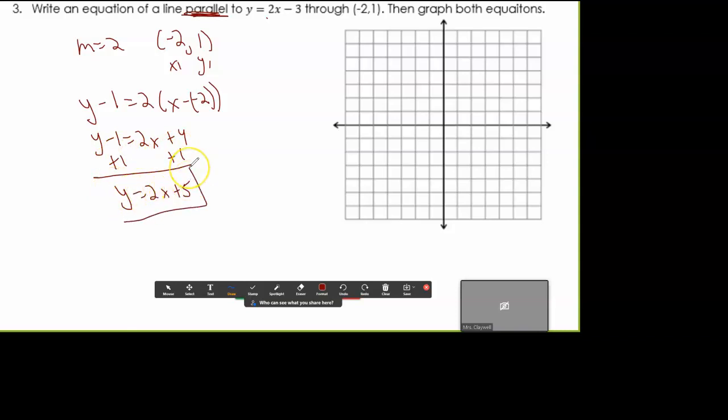So I wrote an equation, and now it wants me to graph it, so I start at 5. We go up 2 over 1, up 2 over 1.